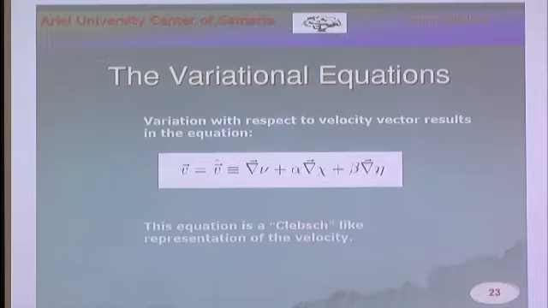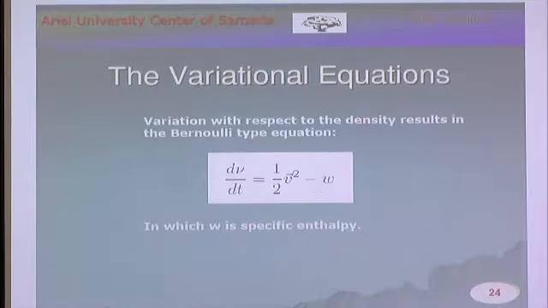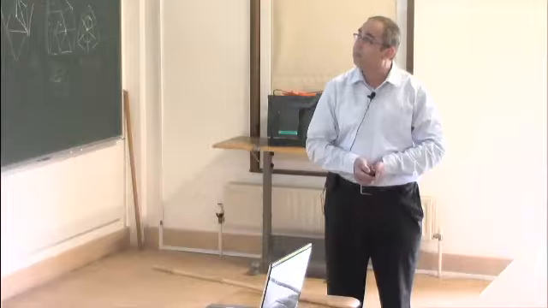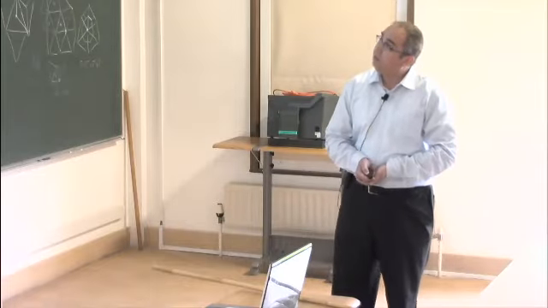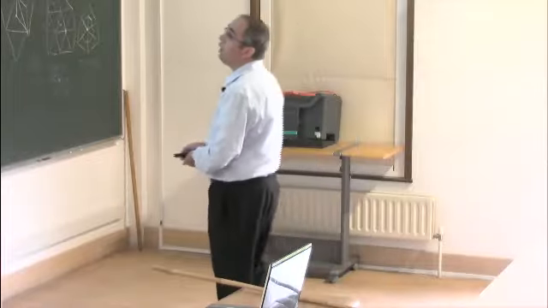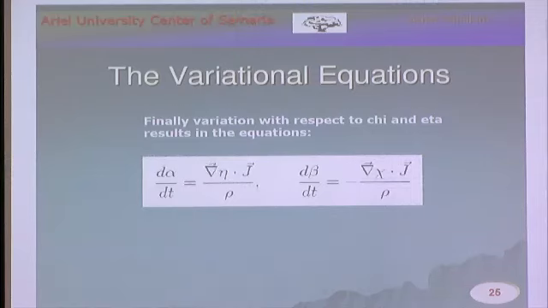So it's a kind of generalized Clebsch representation of the velocity field. And if you do a variation with respect to the density, you get this Bernoulli type of equation, in which W is just the specific enthalpy. Finally, if you do a variation with respect to chi and eta, you get those equations for alpha and beta.